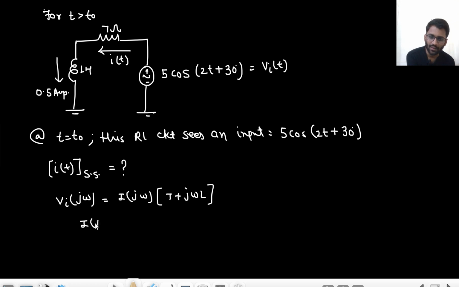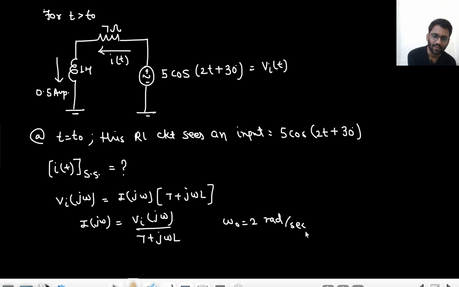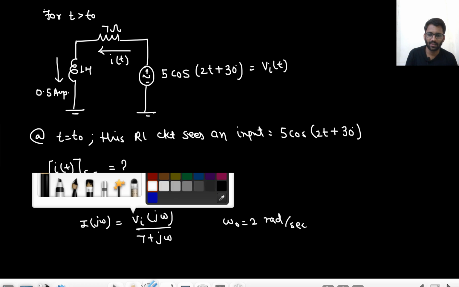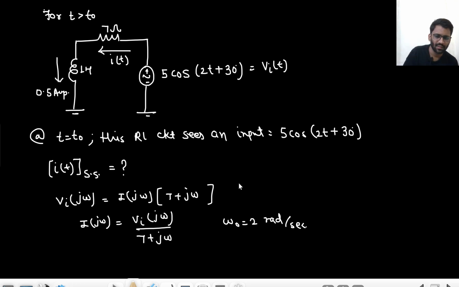So my I in of j omega would be V in of j omega by (7 plus j omega L). Here what is omega naught? Omega naught is 2 radian per second. And did I give the value of R and L? Yes, R and L values are given. L is 1 Henry only, and omega is 2.